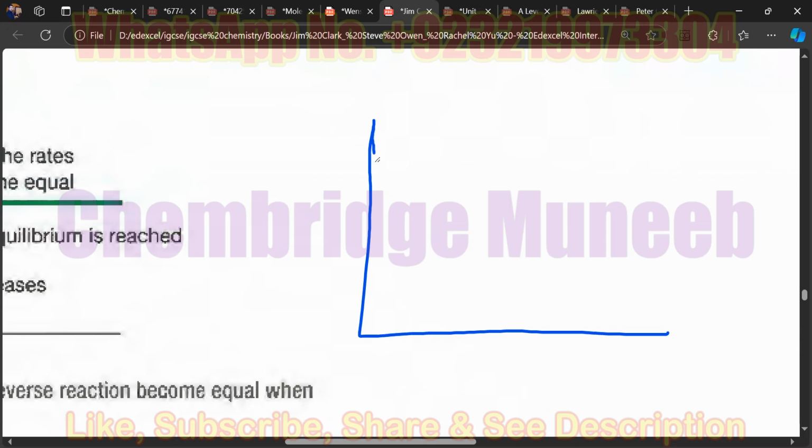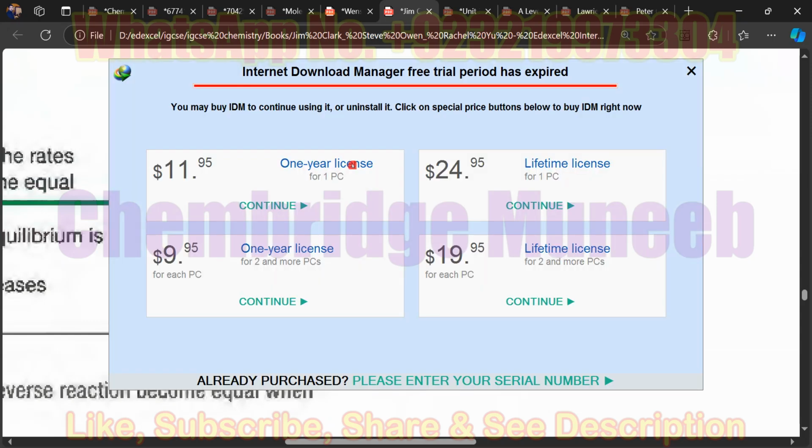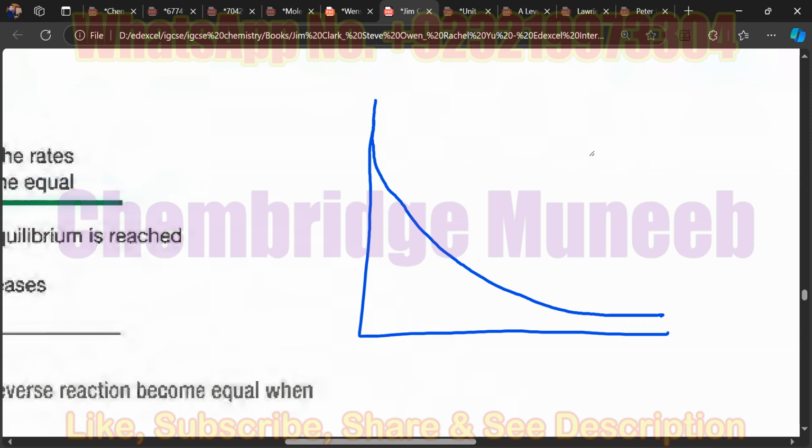The amount of the reactants keeps decreasing as time passes, and it will reach a certain limit, after which it becomes horizontal, right? Yes. This is the graph to represent the amount of the reactants.